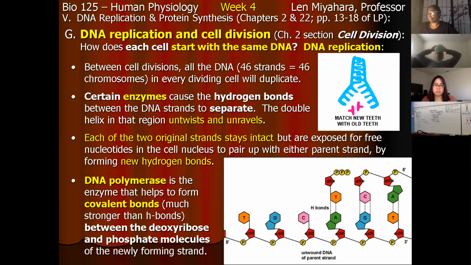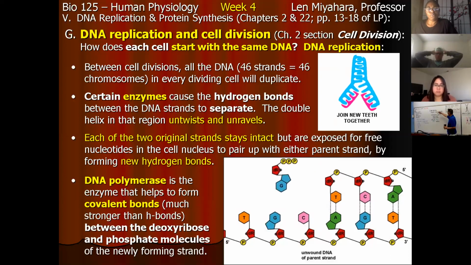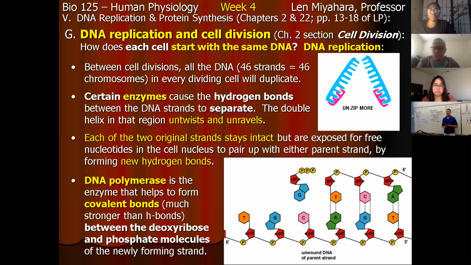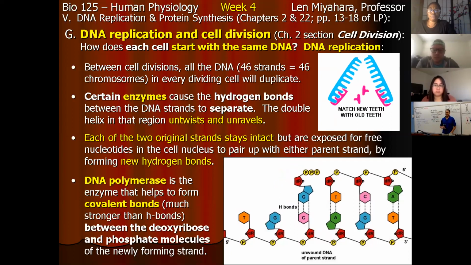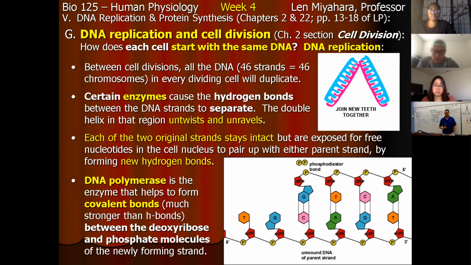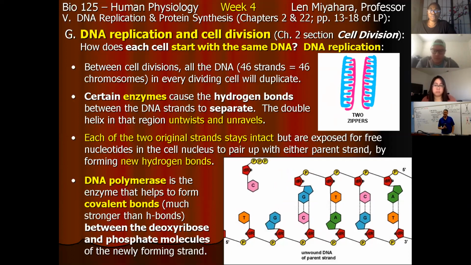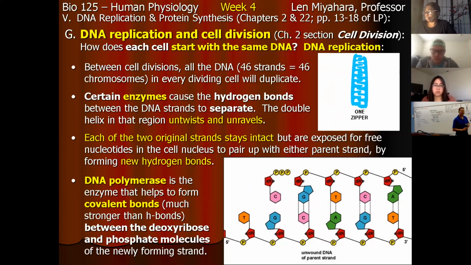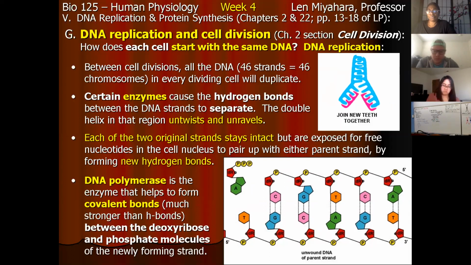So if you got 3 billion base pairs to replicate your DNA, it's going to take 3 billion ATPs. If you look at this animation, you're going to understand why. Okay. Any questions?